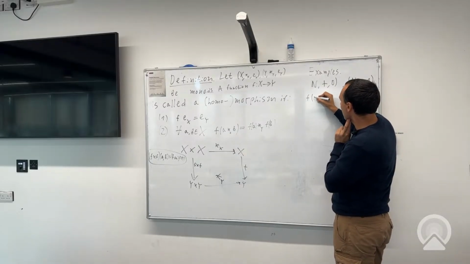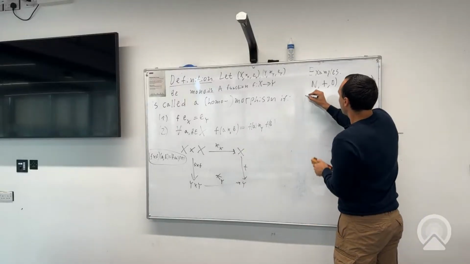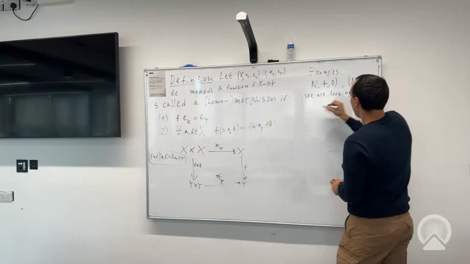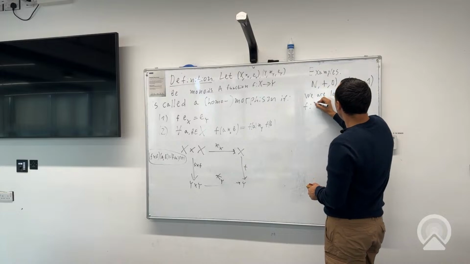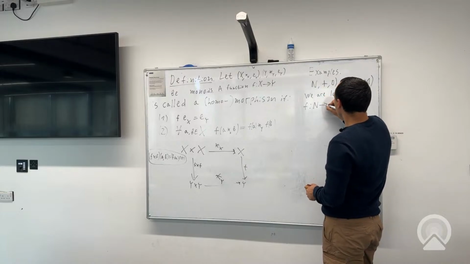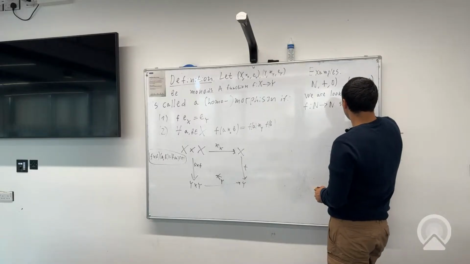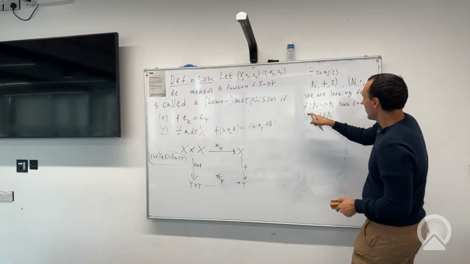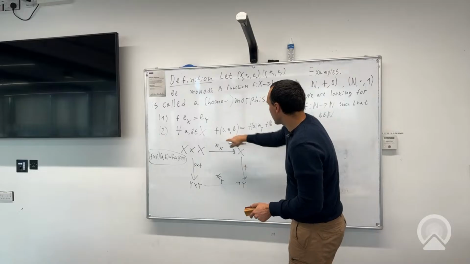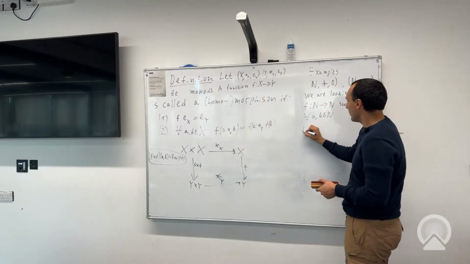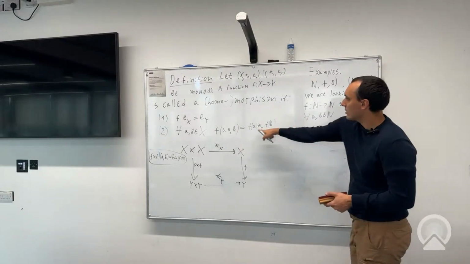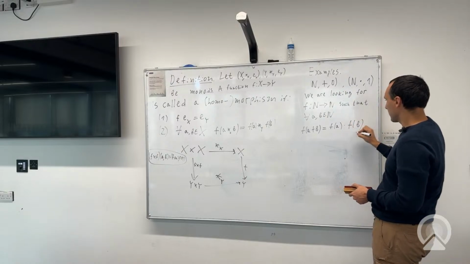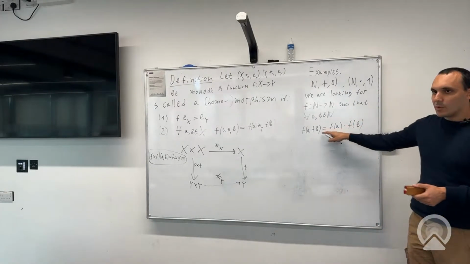We are looking for f from N to N such that for any a and b in N, in the first part we have addition, so f of a plus b, and in the second part we have multiplication, equals f of a times f of b. Can you tell me a function that has this property?